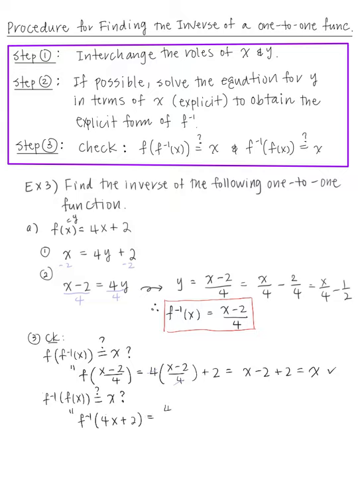So here you're going to have 4x plus 2 and then minus 2 all over 4. Okay, so now what? I can cancel out the 2s. So then we're going to have 4x over 4, which is going to give us our x back. All right, so therefore, yes, our final answer is that f inverse of x equals x minus 2 over 4.